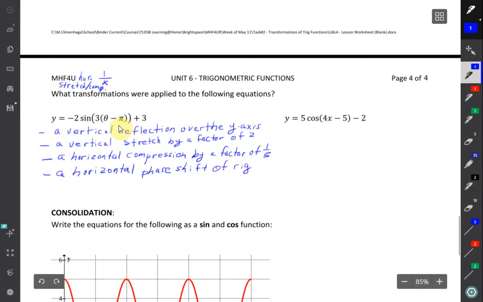I'm running out of space, so I'll just put of pi right. And finally, the 3 at the end, there's a vertical translation of 3 up.